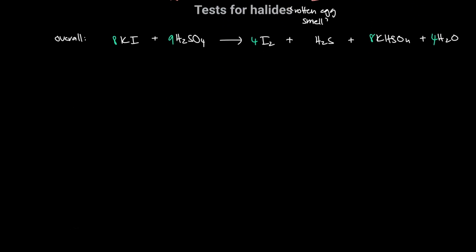So with iodide we can say that sulfuric acid behaves as an acid and an oxidizing agent with the iodide ions.